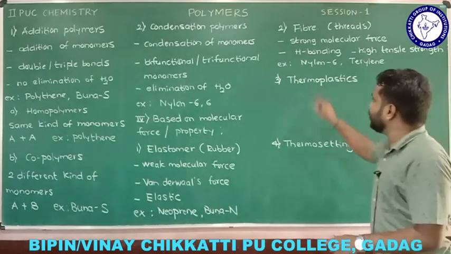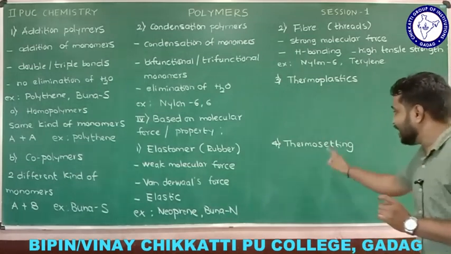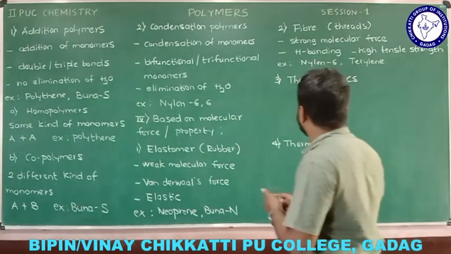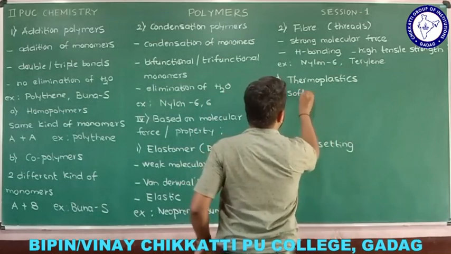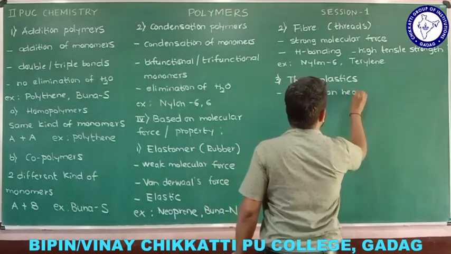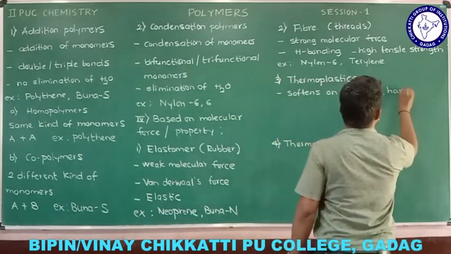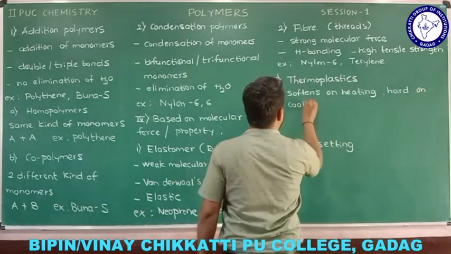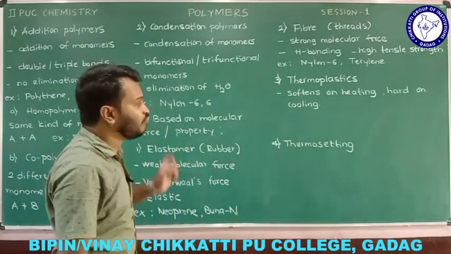And the third one I am going to move to, quite an important one, thermoplastics here, and the last one will be thermosetting plastics. So first we will see what actually thermoplastic stands for. Thermoplastics are nothing but polymers that soften on heating and become hard on cooling, and that kind of polymer we call thermoplastics.